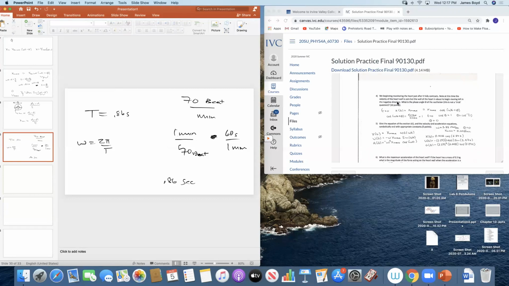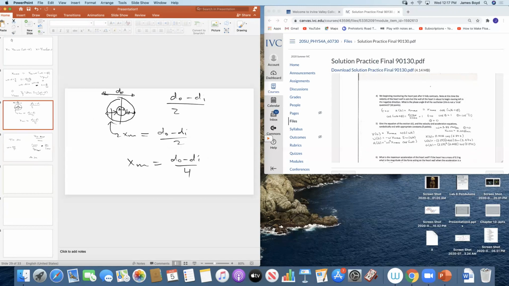It begins when it's fully contracted to the left, so it begins when it's here, where this is 0, this is x max, this is negative x max, and we're told it starts here. The equation is x(t) equals xm cos(omega t minus phi). If at time equals 0 this whole thing has to be 0, then we know that phi is 0. That makes all of this much easier.